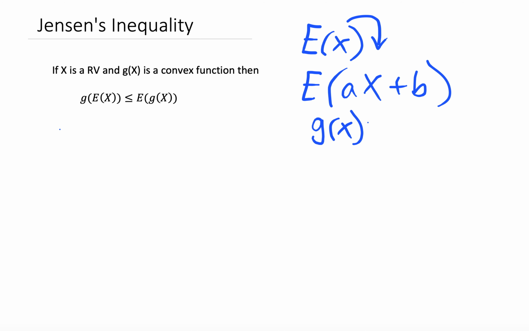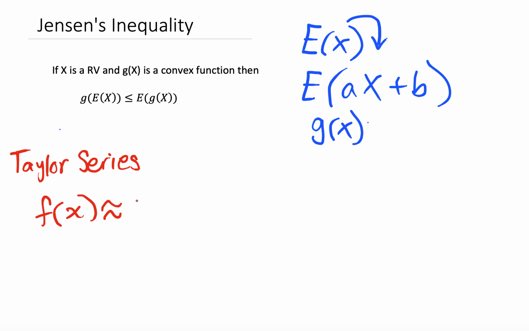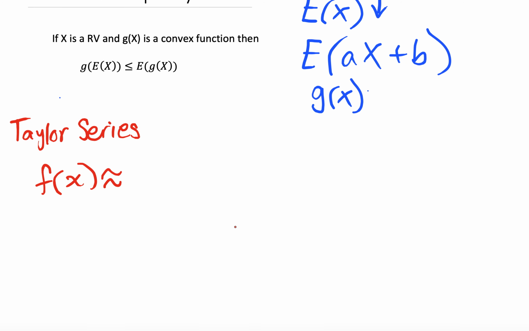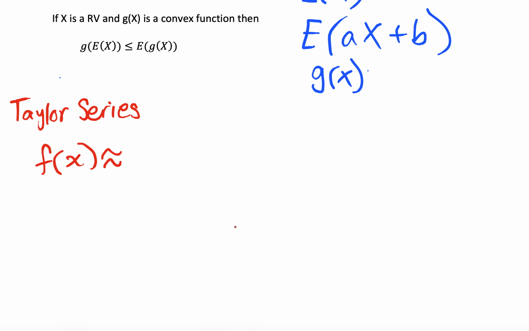Now, to prove this, we're going to have to review the Taylor series expansion. So remember, with the Taylor series, we can approximate a function f of x around the neighborhood of a. So there'll be a function, and then we'll have some point a, which is in the support or the domain of the function, and we'll be able to approximate the function f of x around that neighborhood a.